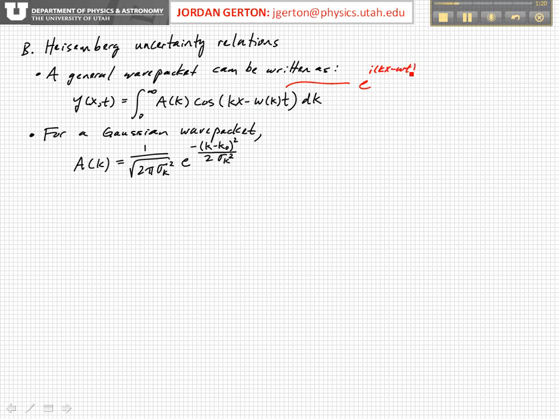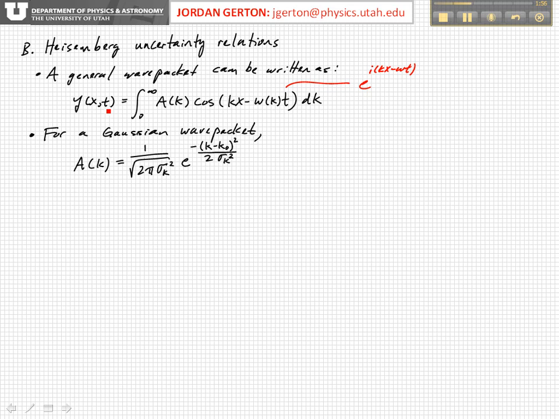So we would write a complex number which is harmonic and which has real and imaginary parts. We're just looking at the real part here. If we integrate that over k values from 0 to infinity, then we can get any arbitrary function. Depending on what the distribution a of k looks like, that will dictate what your wave function looks like, or your wave packet.